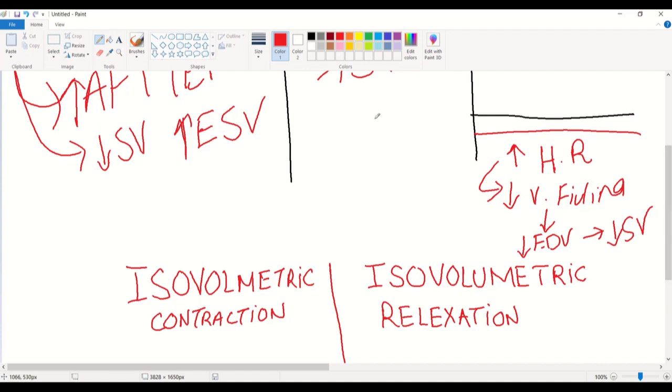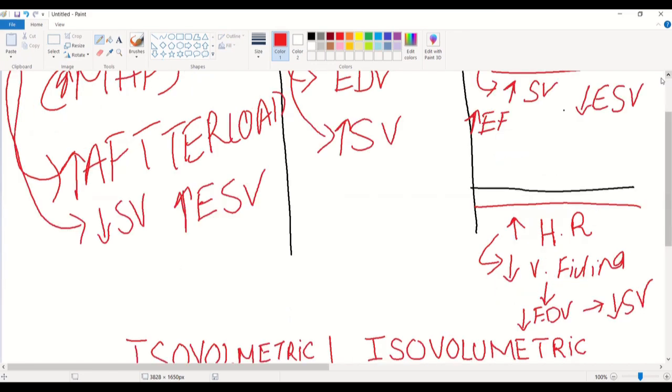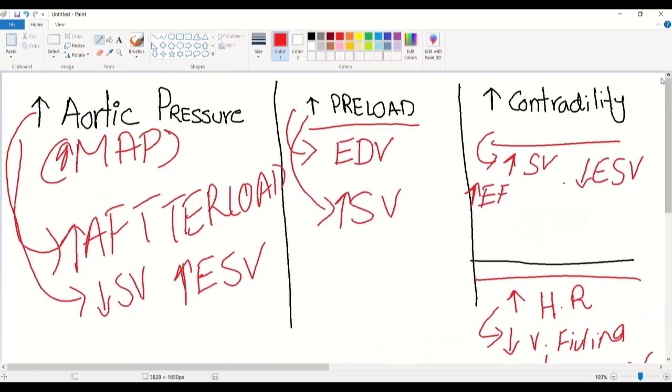So what is the end diastolic volume? That relates to relaxation of the ventricle for filling. End diastolic volume mainly means preload, the filling of the ventricle.